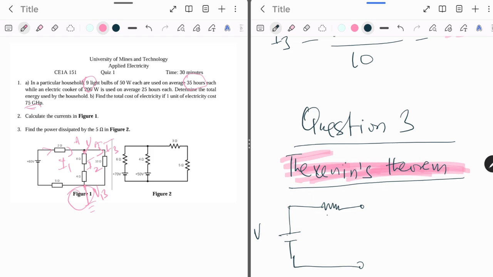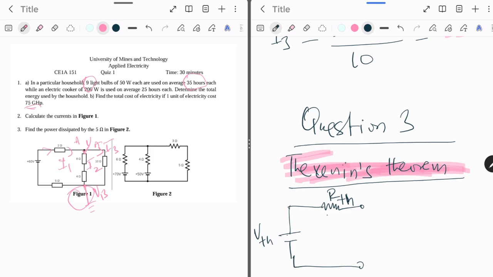So we call this voltage source VTH, which is Thevenin's voltage, and the resistor, we call it Thevenin's resistance. So if you have any complex circuit diagram, you can convert it to this form.